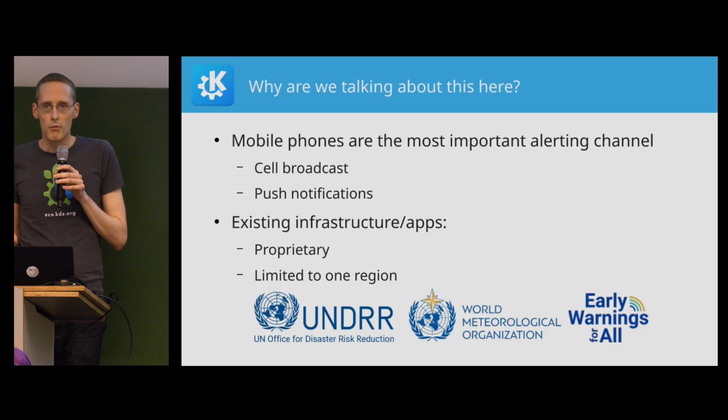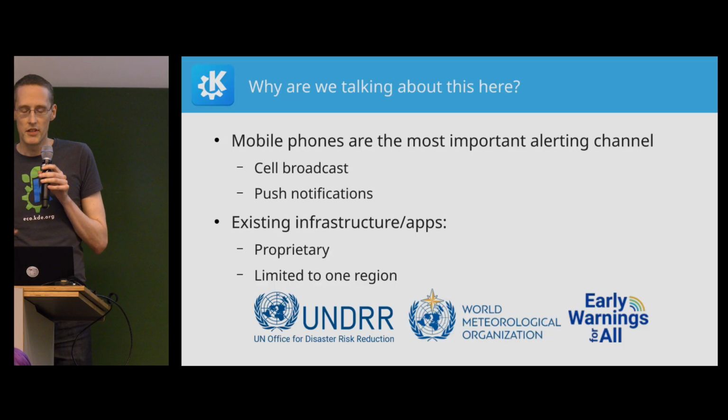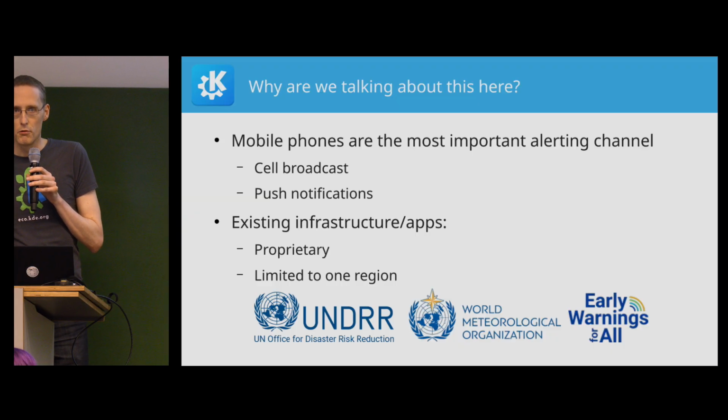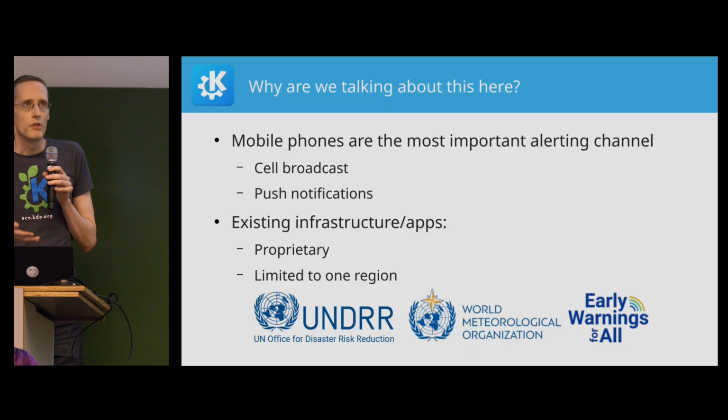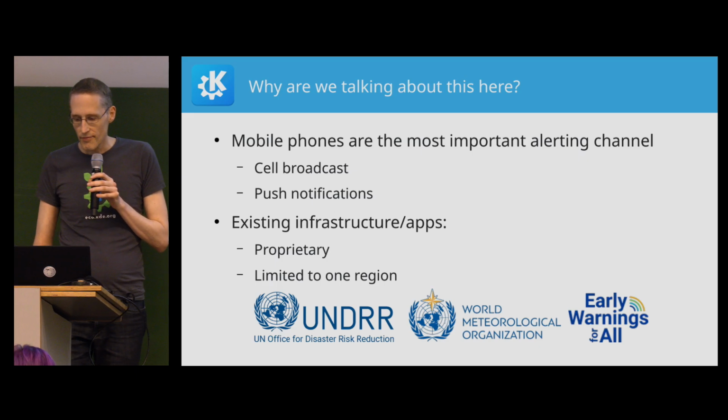If you just think about the accessibility scenarios in this, it's nice that my phone makes a lot of noise if there's an alert. If I can't hear, that is not the most effective way for this to work, right? Instead, I might want to blink the lights in my home or something like this.